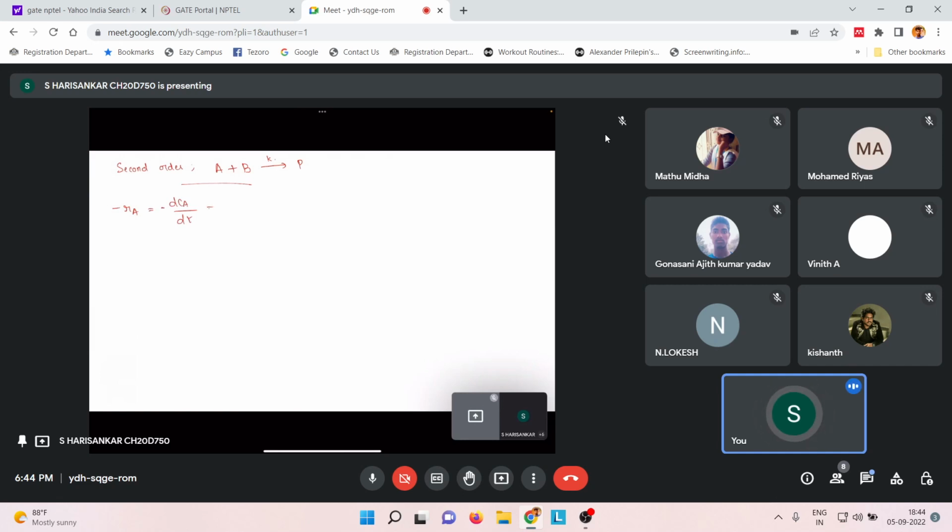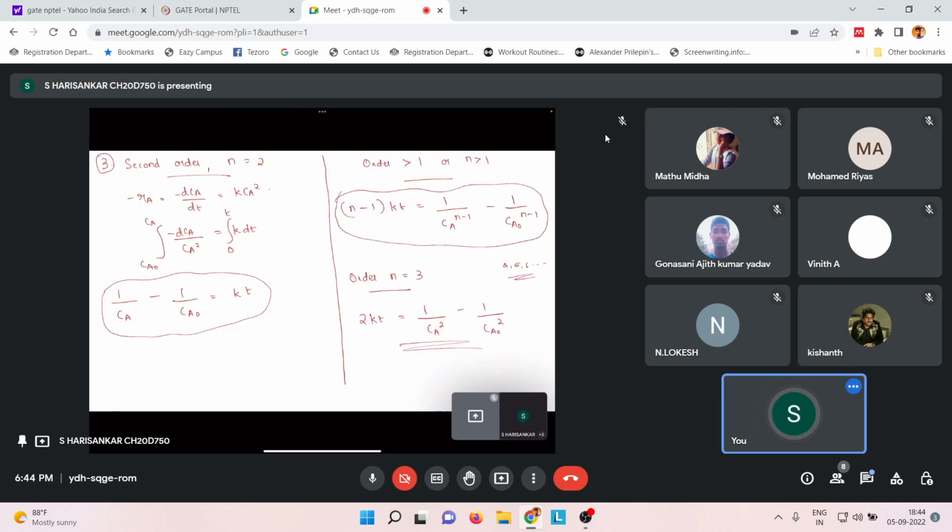We just looked at it as kCa square, because we assumed a very simple reaction here, A giving B. So the rate depended only on the concentration of A, and the order was 2. So the reaction rate Ra is equal to kCa square.